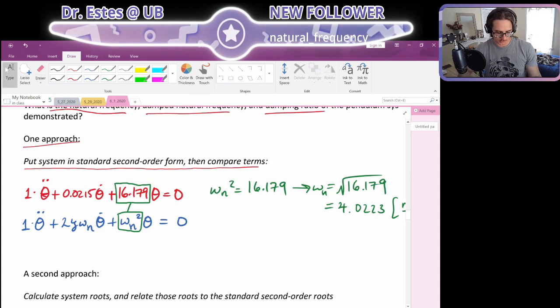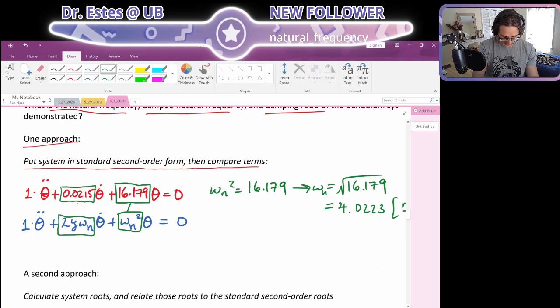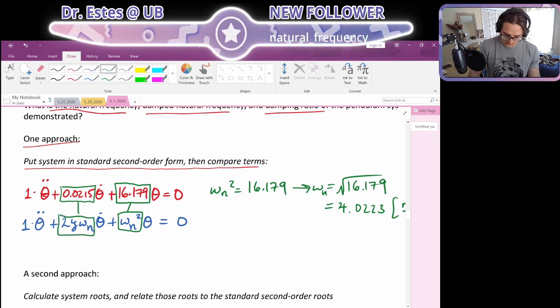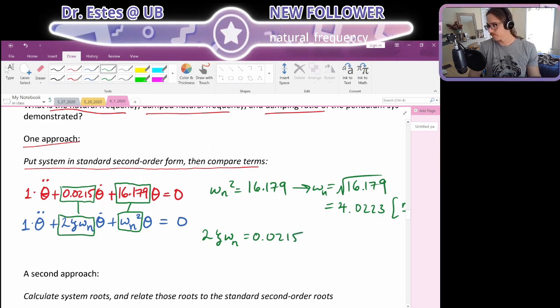How do we get the damping ratio? Same way. Take this, and that's going to be compared to this. So 2 zeta omega n is 0.0215.